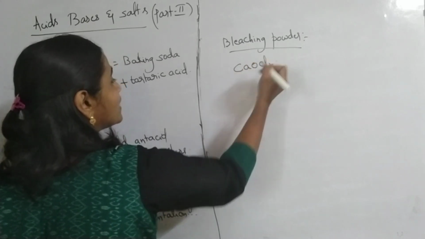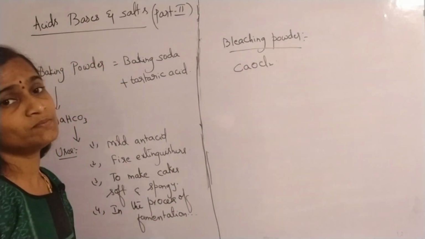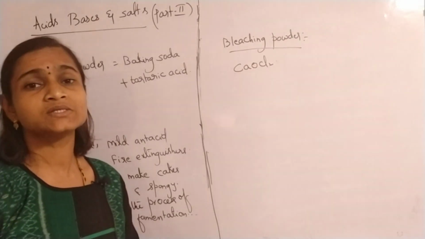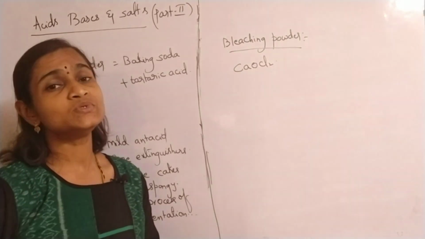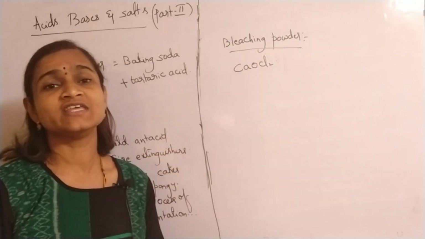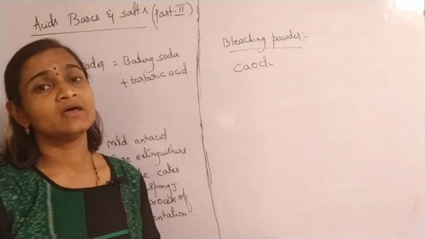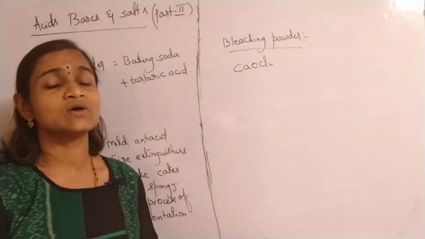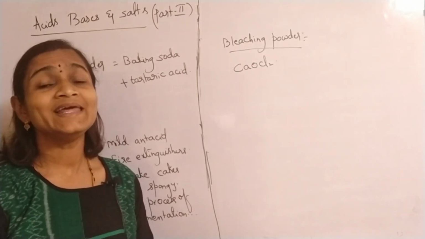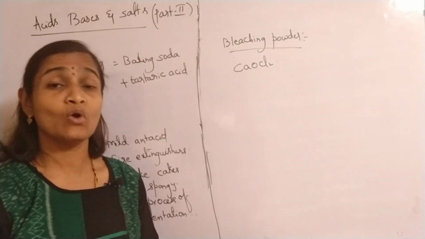Calcium oxychloride, CaOCl2, is called bleaching powder. What are the uses of bleaching powder? Yes, it is used as a best bleaching agent. In the name itself it is there. It is used in leather industries or in textile industries in order to clean the leather or cloths.